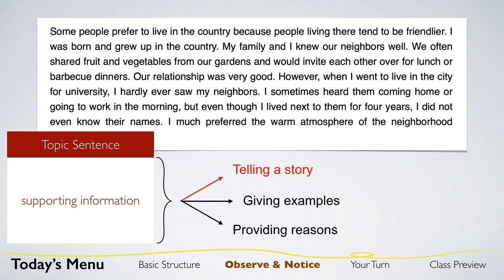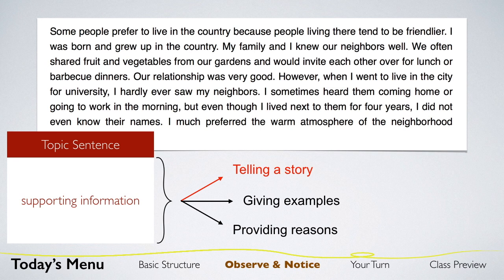From the second sentence, we see that the writer is telling a story. He or she writes, "I was born and grew up in the country." After this, he or she continues to tell a story about relationships with neighbors in the country and in the city. Telling a story is a great way of passing information.